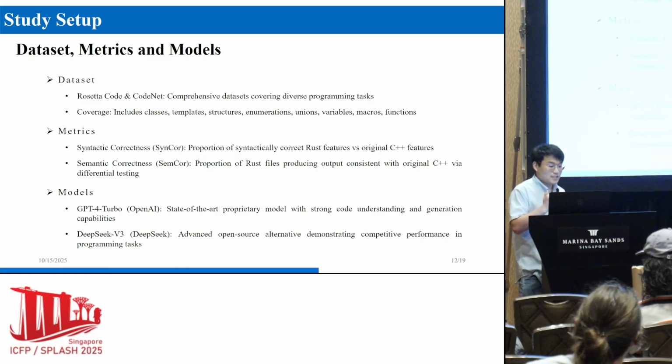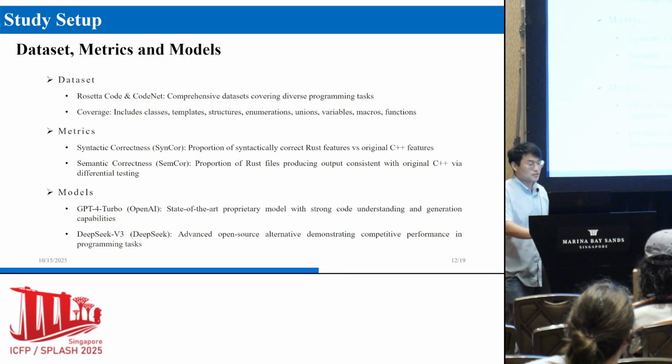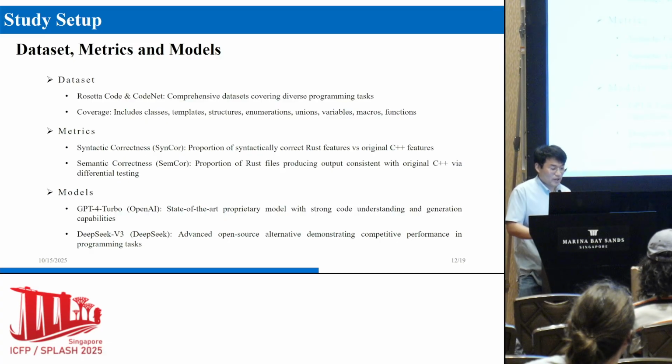As for semantic correctness, we need to know the proportion of the Rust files producing output consistent with the original C++ code. As for the models, we use general LLMs. The first is GPT-4 Turbo. The next is DeepSeek V3. They have a strong code understanding capability.